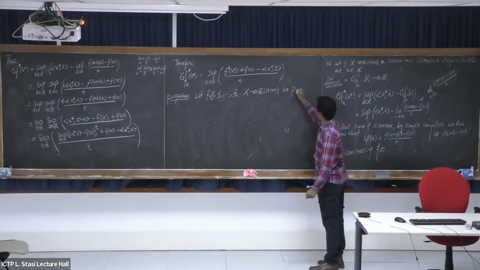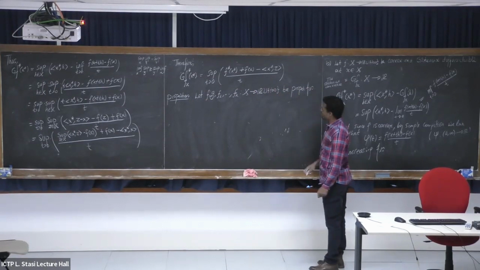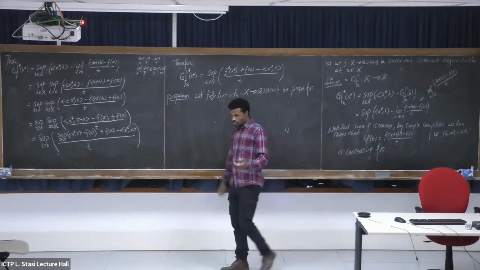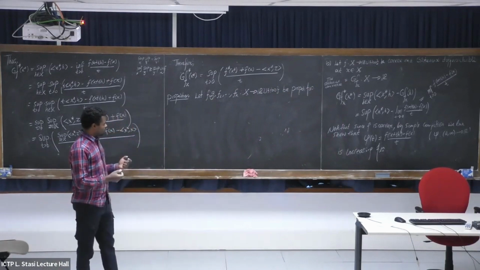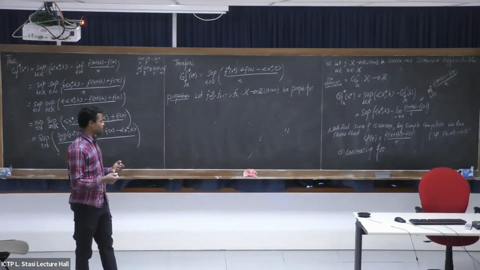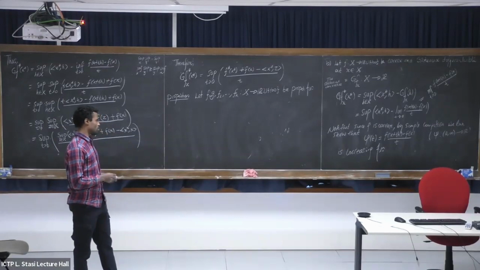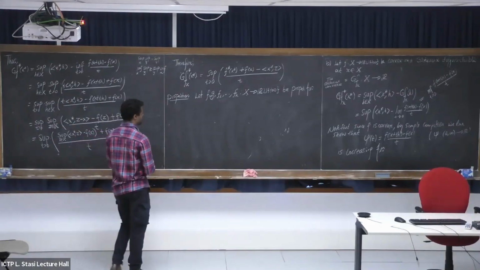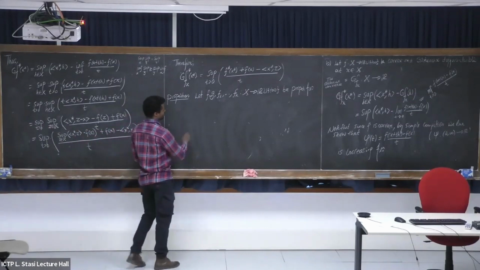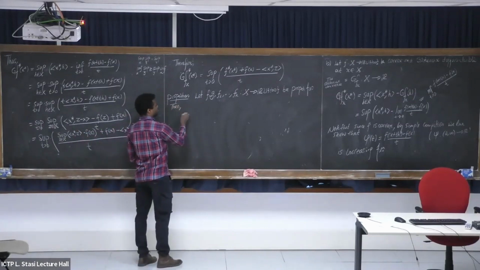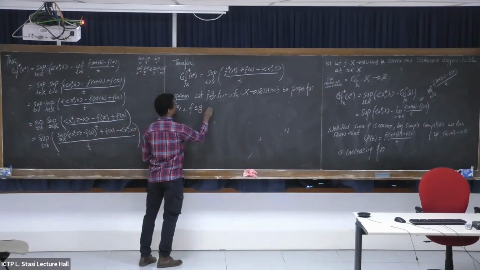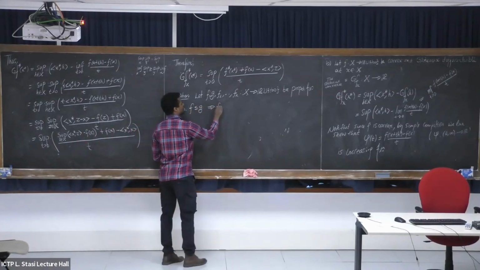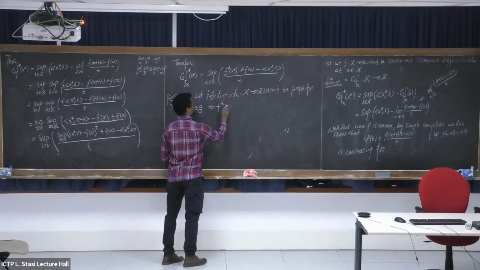I don't need it. For the Fenchel conjugate, we need the function to be proper; convexity is not necessary. It's enough that we have a proper function. Then if F is less than or equal to G, this implies that F star is less than or equal to G star.